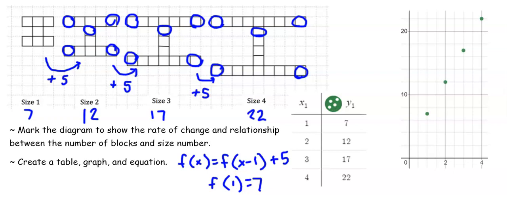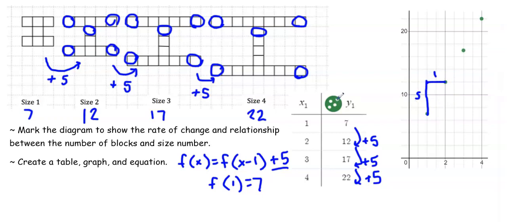I know this is a linear relationship because if I look at the first difference, I notice that I'm adding a constant value every time, so plus 5. My recursive rule shows this plus 5, my table shows this plus 5, and on my graph, I can see that there's a constant rise of 5 units and a run of 1.